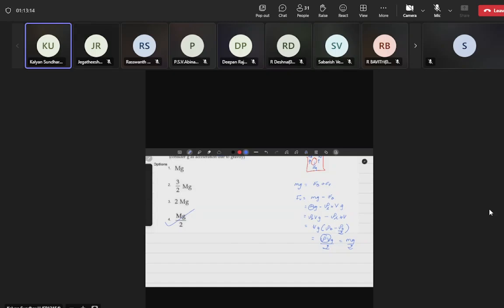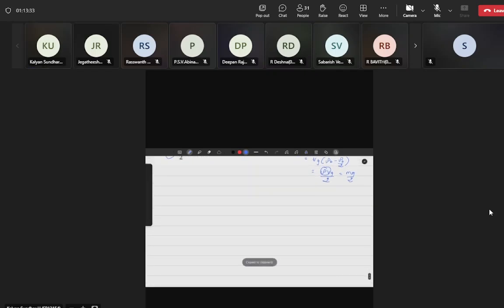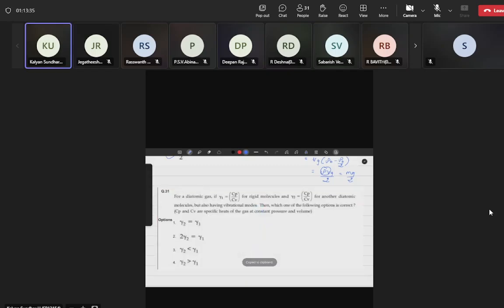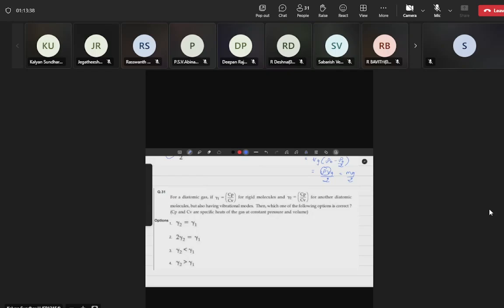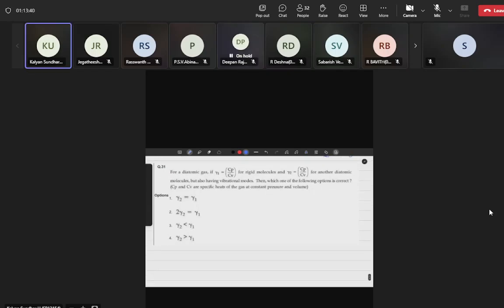Let's go to this one. For a diatomic gas, gamma values are given: Cp by Cv for rigid molecules, and another Cp by Cv for another diatomic gas, but also having a vibrational mode.